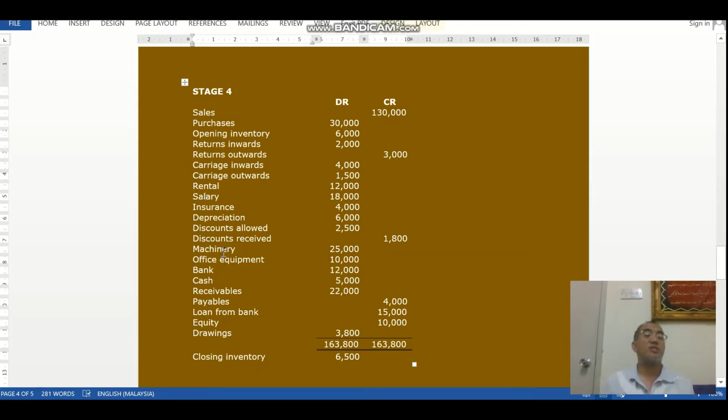So discount received is something that comes from when we purchase something. When we purchase something, of course we need to pay for it, and then when we pay, they give us something back in return. So they said, okay, this is a discount for you. So that one we call discount received because we receive a discount.